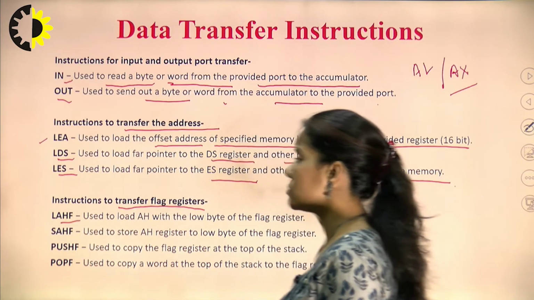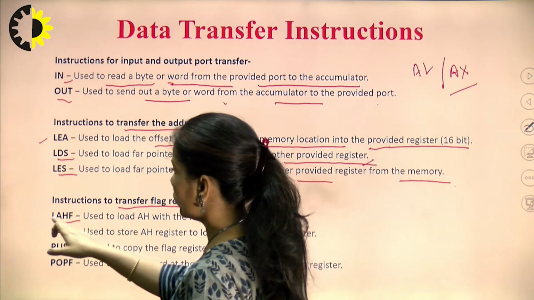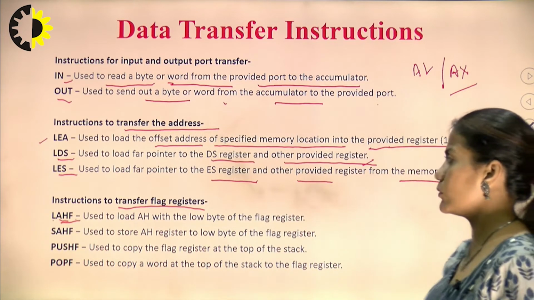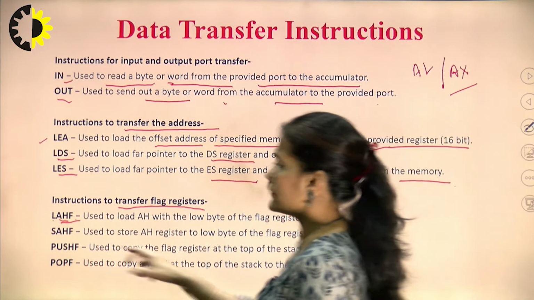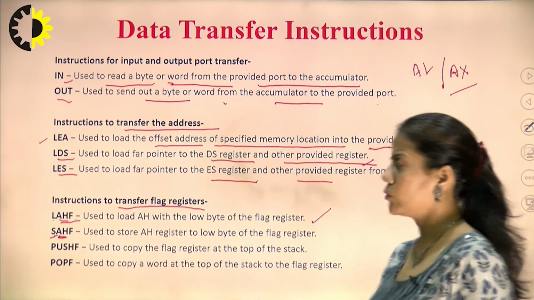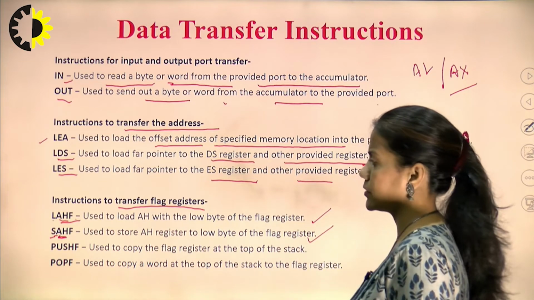LAHF is used to load AH with the lower byte of the flag register. SAHF is used to store the contents of AH into the flag register, that is, the lower byte of the flag register.